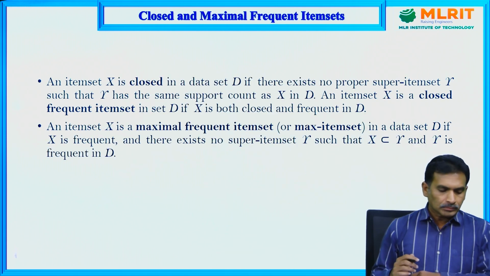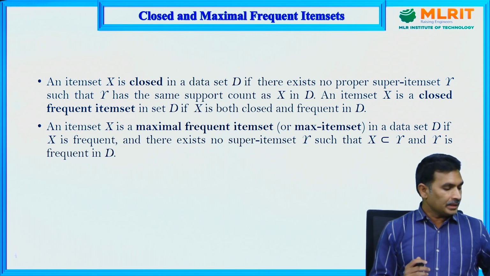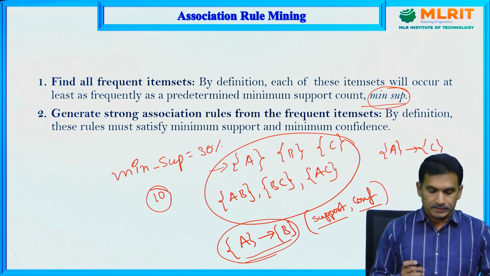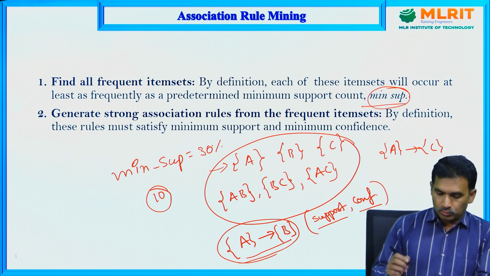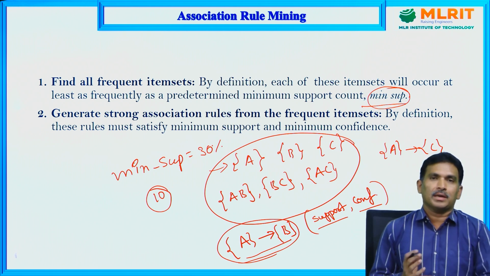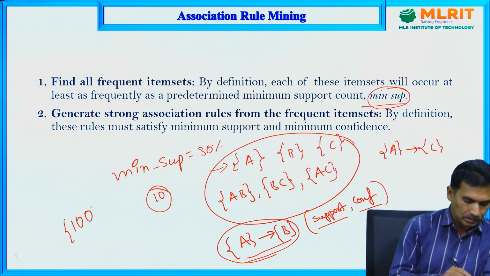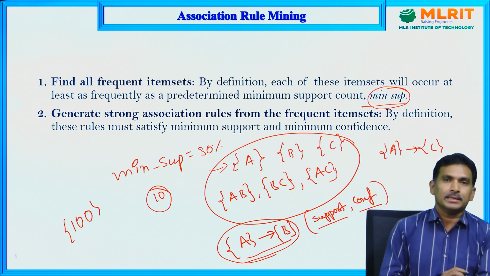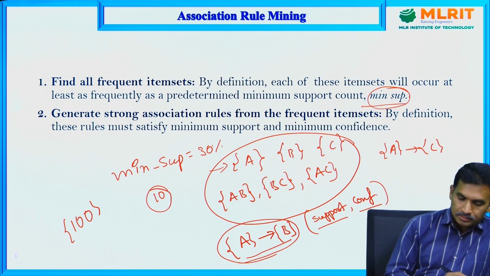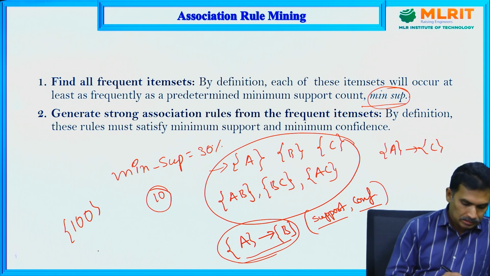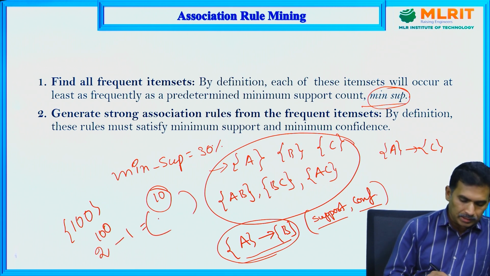Next, as I said, generating frequent item sets is a very complex process, because here we have only 3 items like A, B, C. Suppose there are 10 or 100 items. Then the maximum number of possible item sets would be 2 to the power of 100 minus 1. It is a big number.